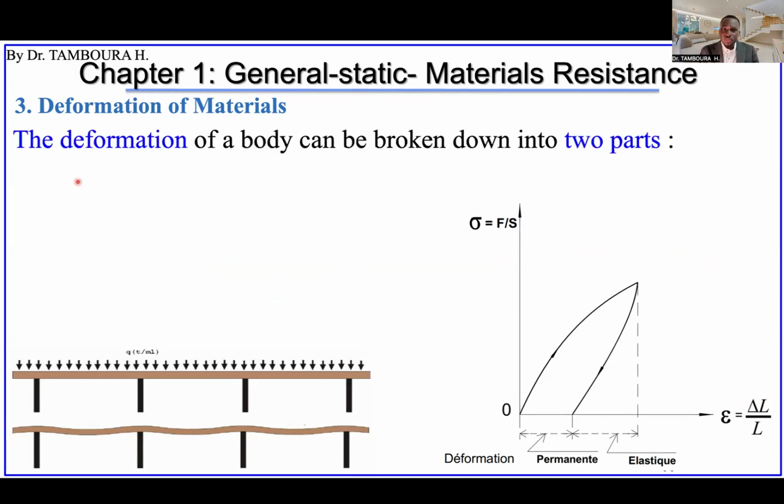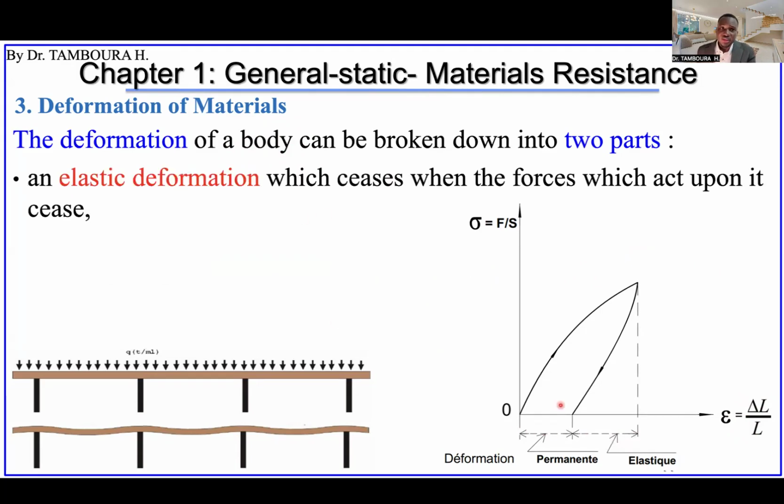So the deformation of any body, and when I say body here, it means material, we can separate it in two parts. I think I have already explained that. The first part is elastic deformation. That one is the deformation that the material can recover.